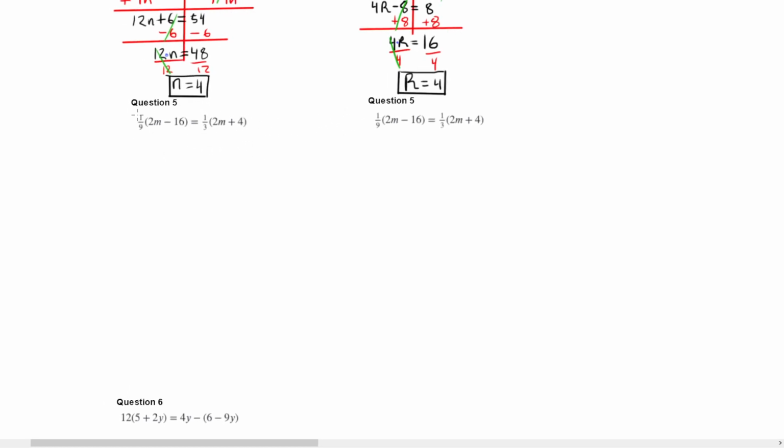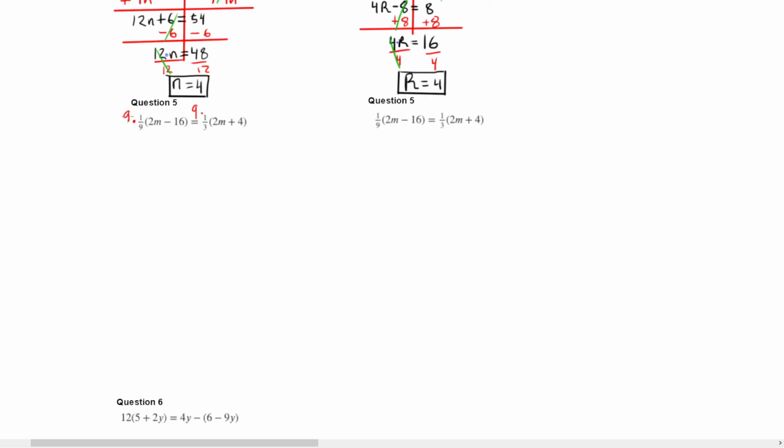If you really dislike fractions, you can always get rid of fractions by multiplying everything by the thing that's on the bottom of the fraction. So I find the biggest denominator, that would be 9. And I'm going to multiply this entire side by 9. So I'm going to say times 9, and this entire side is going to get multiplied by 9 as well.